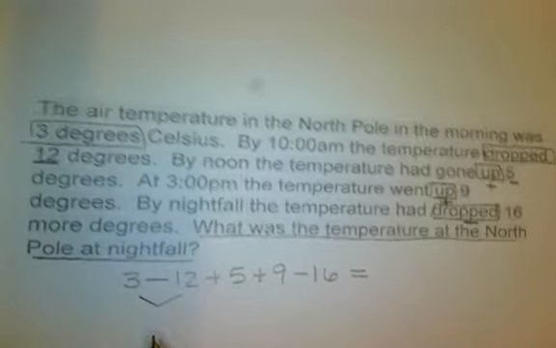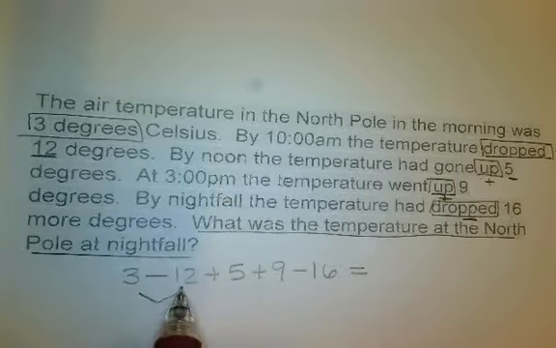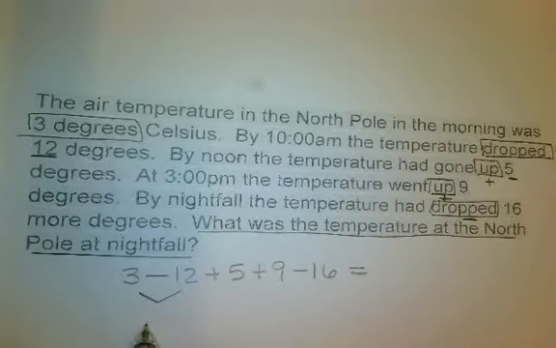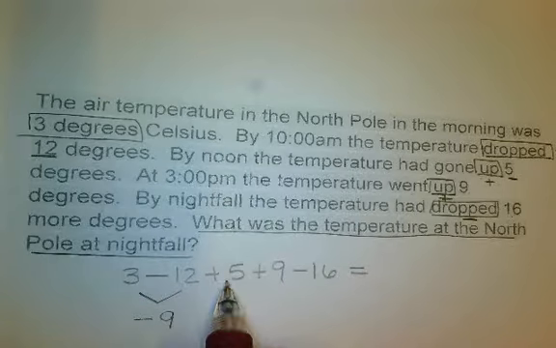Okay, sorry about that. So 3 minus 12. Well, what is 3 minus 12? It is 9, and it's negative, so negative 9. Okay, well the next one would be plus 5 plus 9 minus 16. Now we have negative 9 and 5, so we're going to subtract.